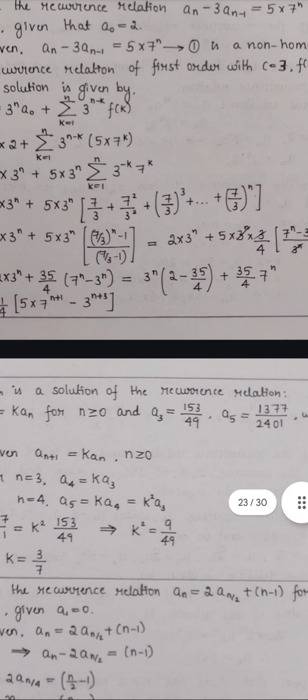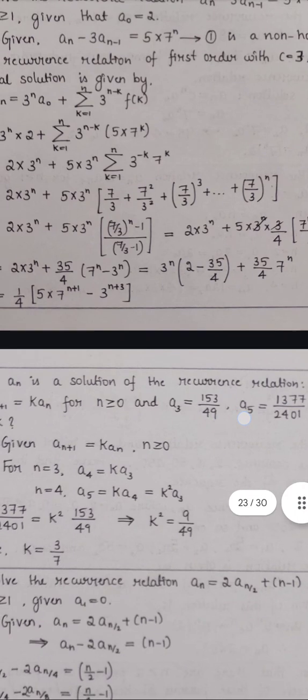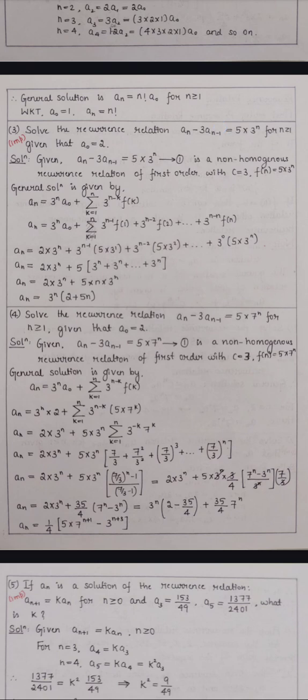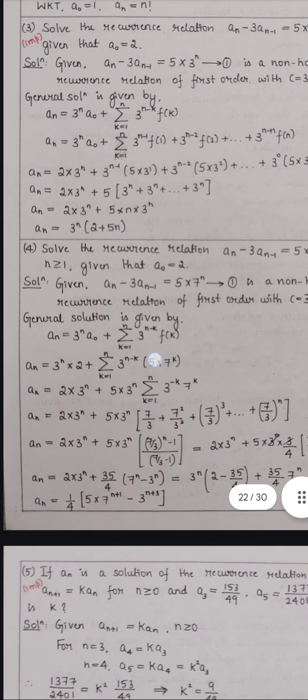For a GP, the formula: if a square plus a cube plus a power 4 till a power n, for that we have the formula a power n minus 1 by a minus 1. That is the formula for GP.